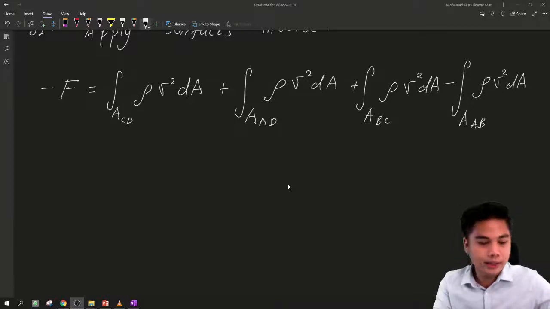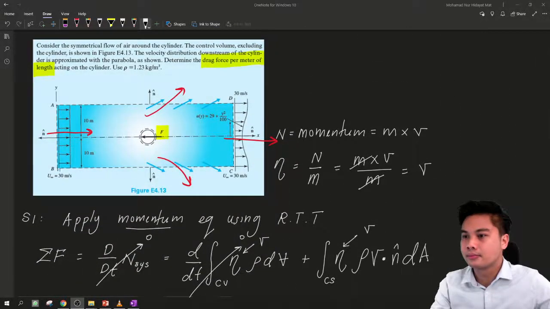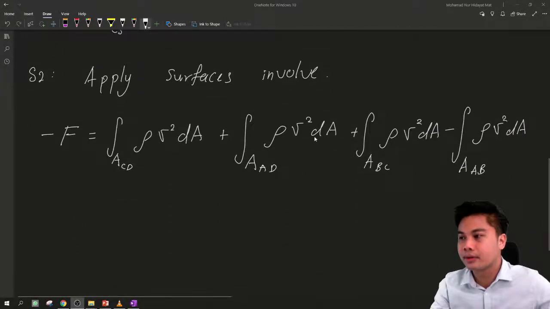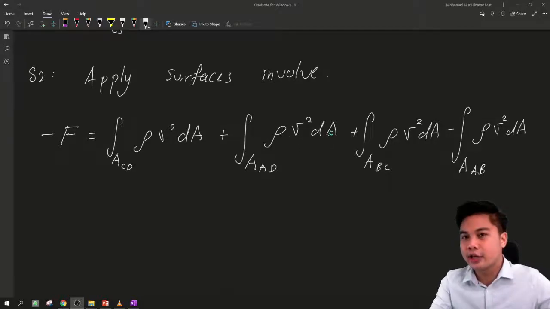We need to know the mass flow rate because we don't have the cross-sectional area here. If we know this length and the width, we can get the dA and straight away substitute in this equation. However, for this case, we don't have the dA. So we can alternatively use the other equation.